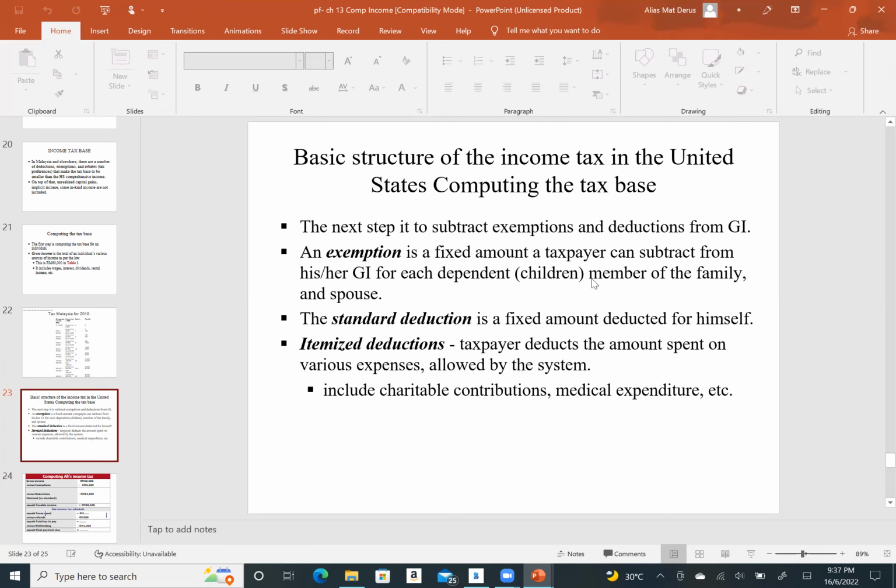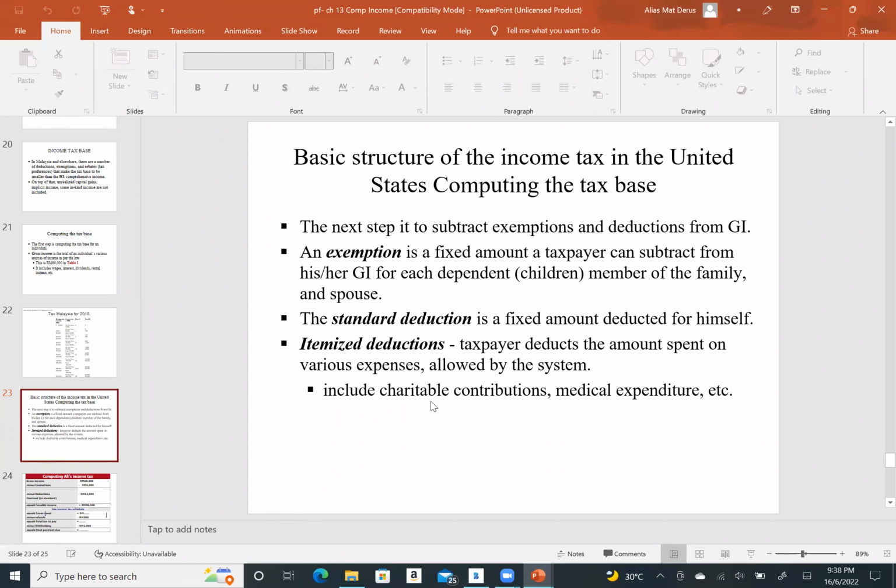In Malaysia, we just call it deduction. Deduction means some amount that you deduct from the gross income, so that this kind of income will not be included in the taxable income. This also includes some expenses allowed by the law.